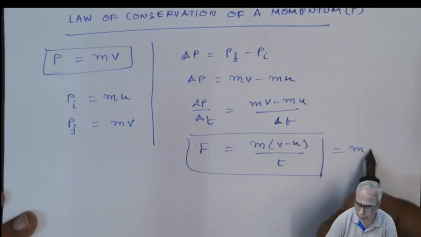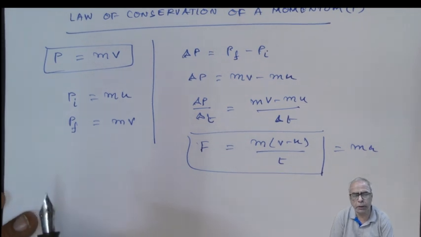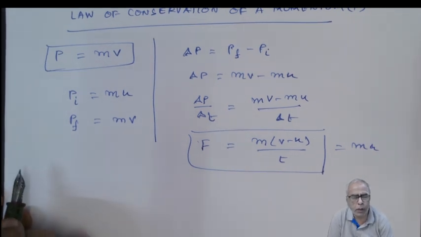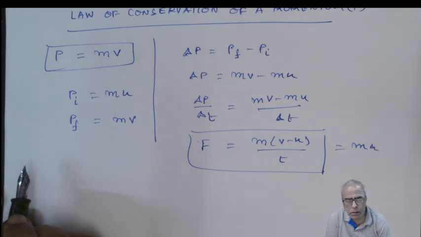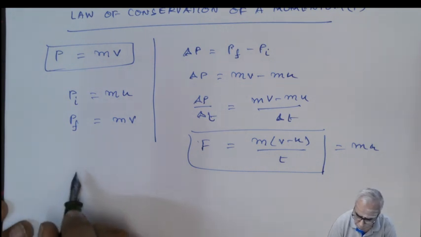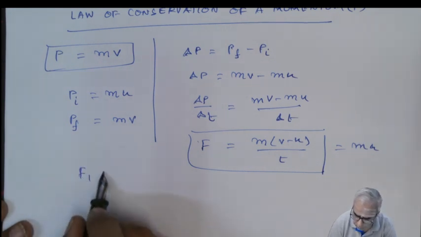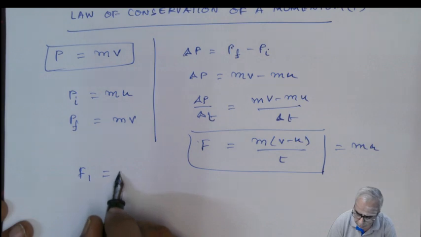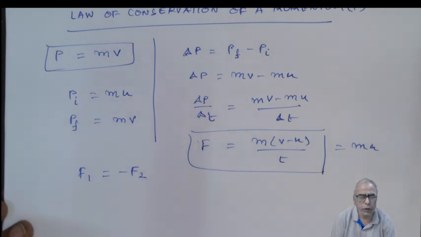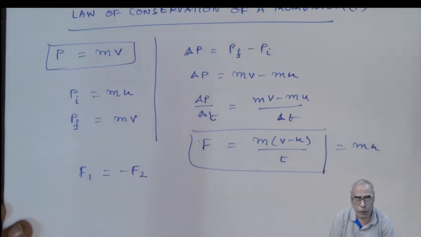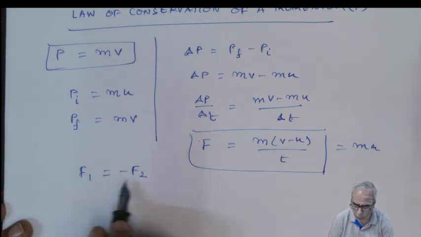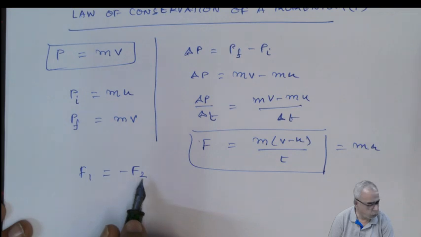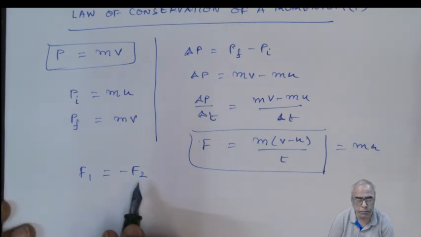It is called ma, where a is acceleration. So according to Newton's third law, F1 is equal to minus F2. It means the force experienced here is equal and opposite to the force experienced after collision.